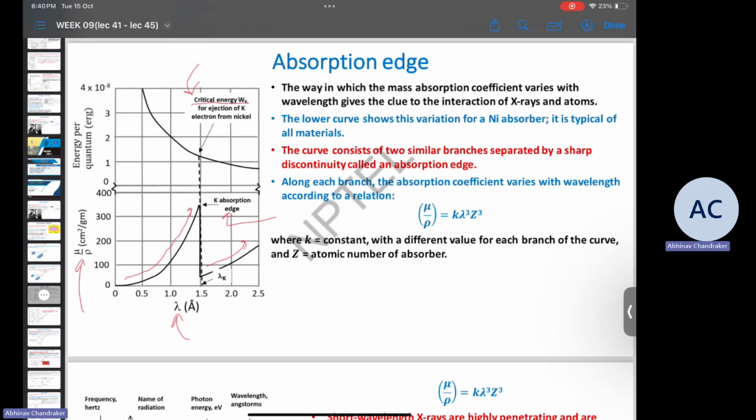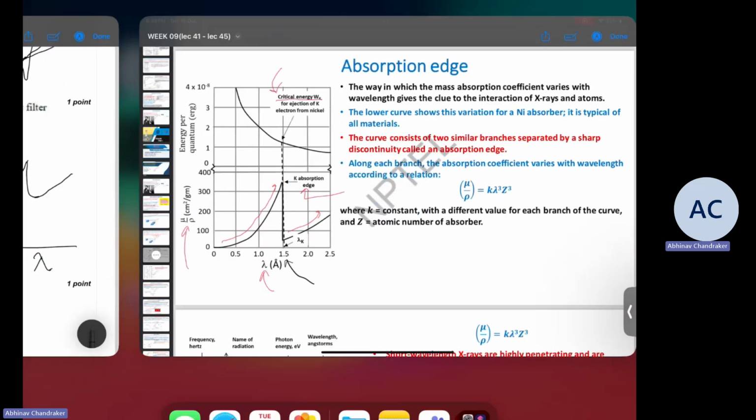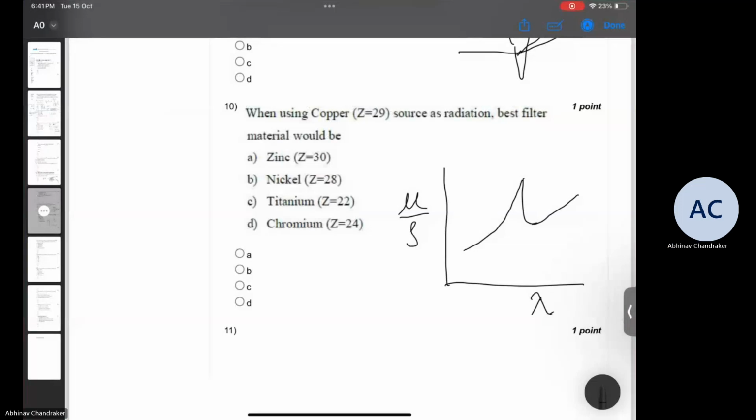So at a particular lambda, we see that there is a sudden increase in the absorption. It is called the K absorption edge. And what is happening is that as we go from higher lambda to lower lambda, as the energy of the incident X-ray increases above a certain value, it is now able to eject the electrons from the inner shell.